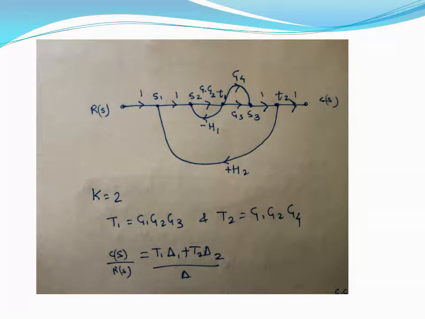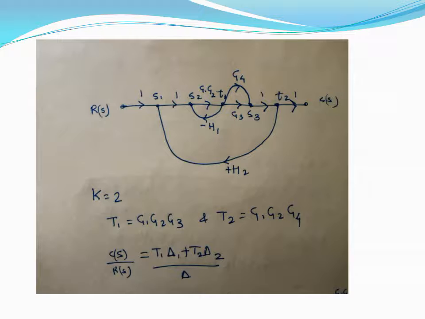So we have these two forward paths, so k equal to 2. T1 is nothing but 1 into 1, 1 into G1 into G2 into G3 into 1 into 1, so it becomes G1 G2 G3, the forward path 1. The second forward path is 1 into 1, 1 into G1 into G2, then G4 into 1 into 1, so it becomes G1 G2 G4.